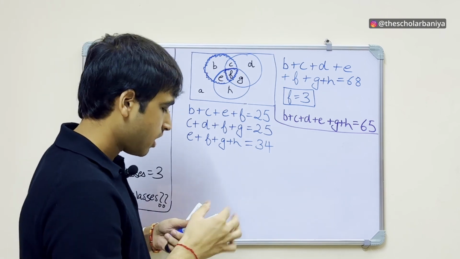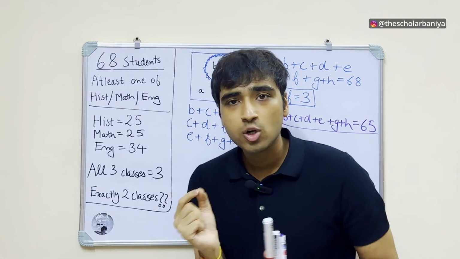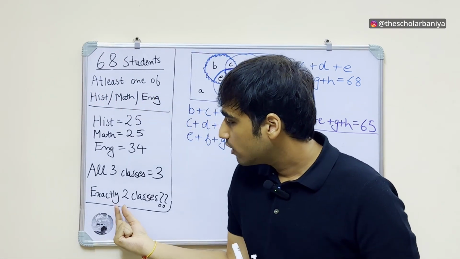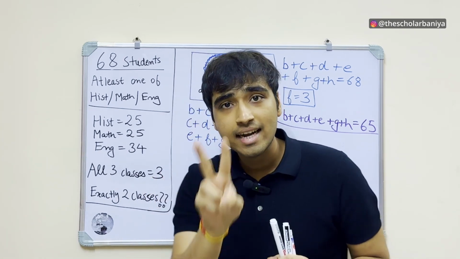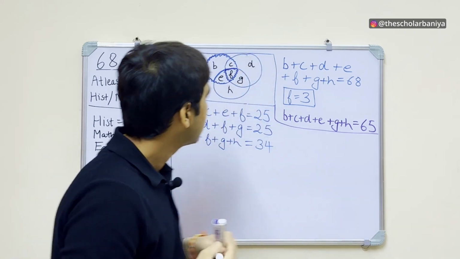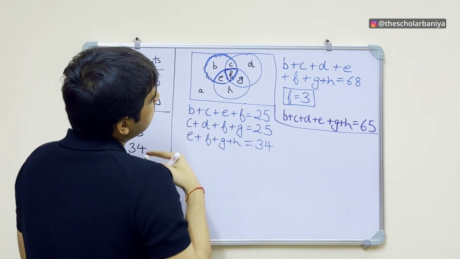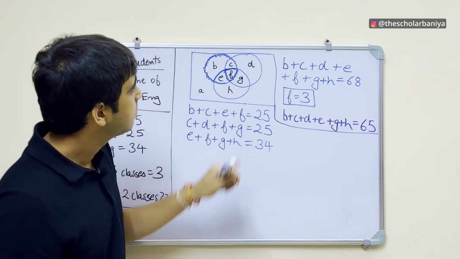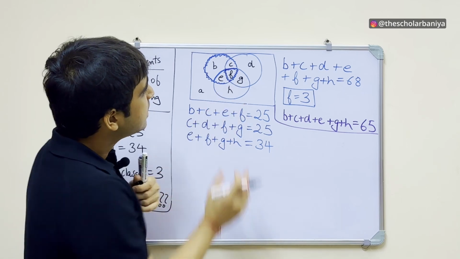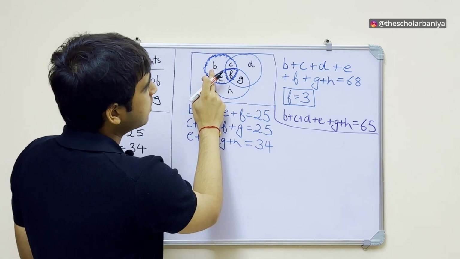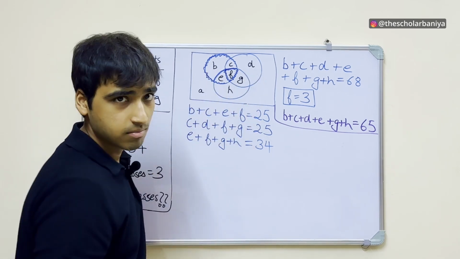Okay. Now tell me one thing. What do we have to calculate? We have to calculate how many students are exactly attending 2 classes, right? So if you see over here, the variable C is at the intersection of 2 circles, this circle and this circle, right?